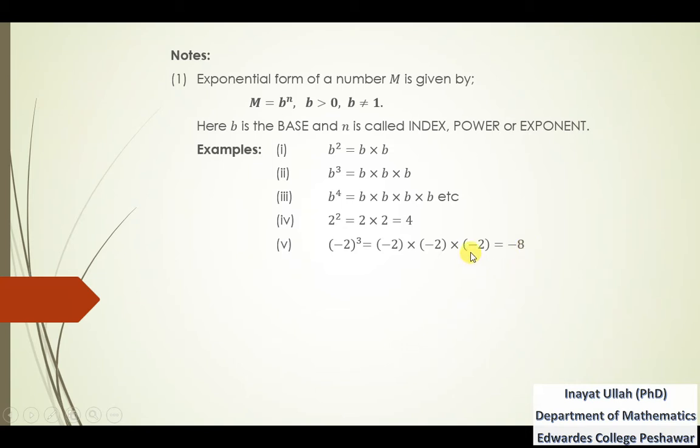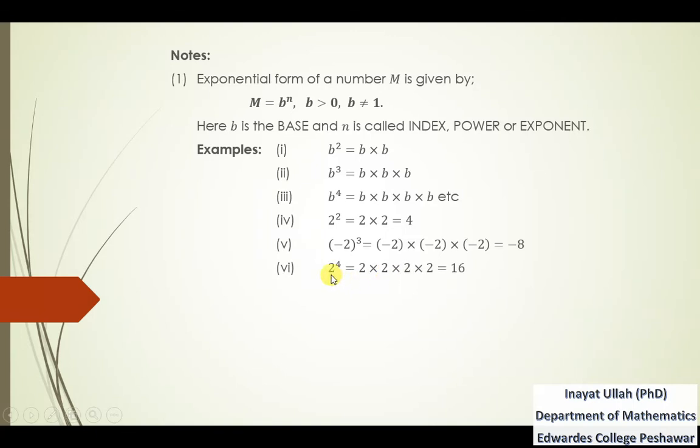And whenever the negative sign is multiplied an odd number of times, it becomes minus. Minus into minus is plus and plus into minus is minus. So minus 2 whole cube is minus 8. So the exponential form of minus 8 is minus 2 whole cube.